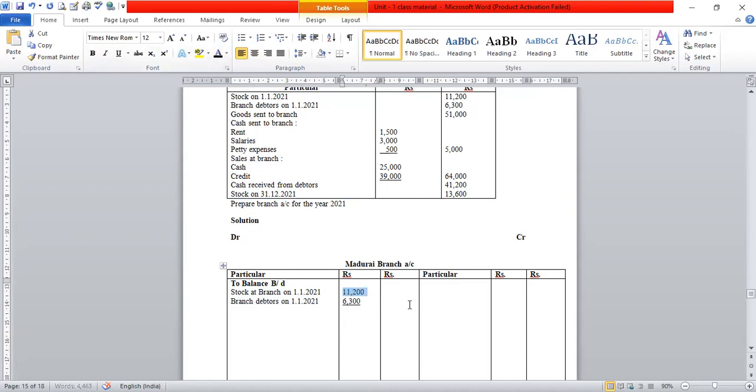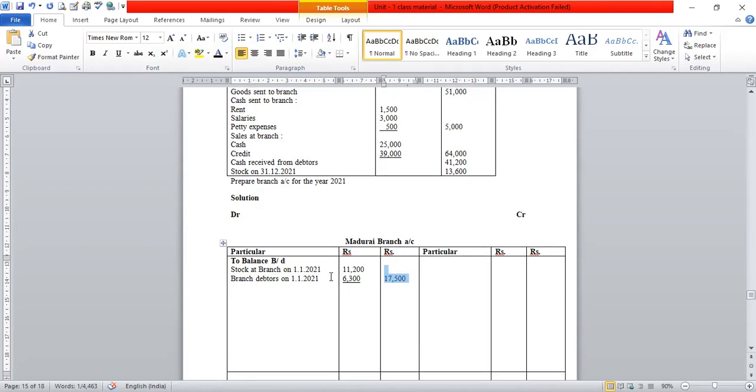Altogether the total is 17,500. First two items are over. Then the second item is goods sent to branch. The value is 51,000.